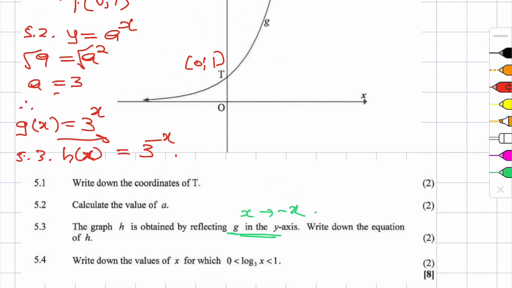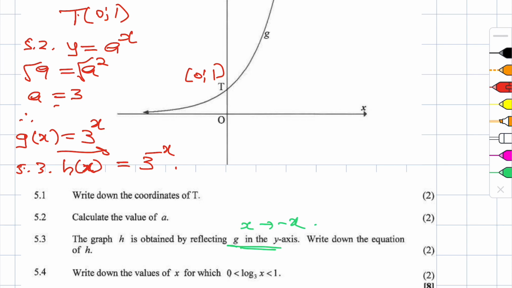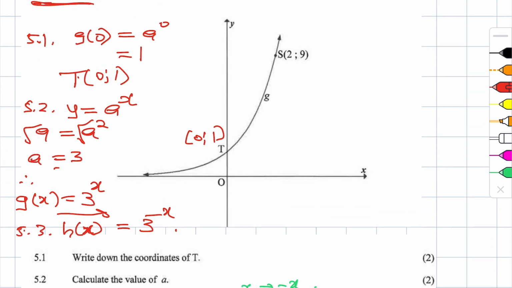Then the last question, write down the values of x for which log base 3 of x is between 0 and 1. Now we know that log base 3 of x is the inverse of y is equal to 3 to the power x.